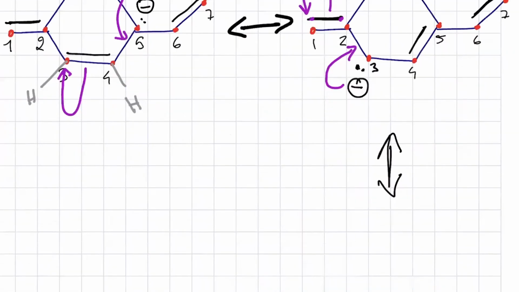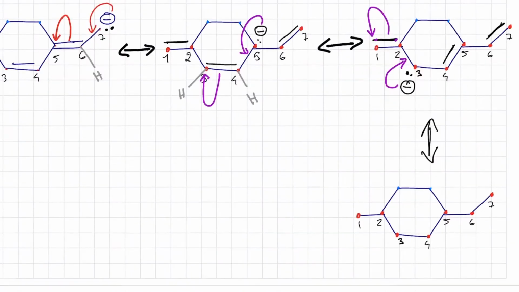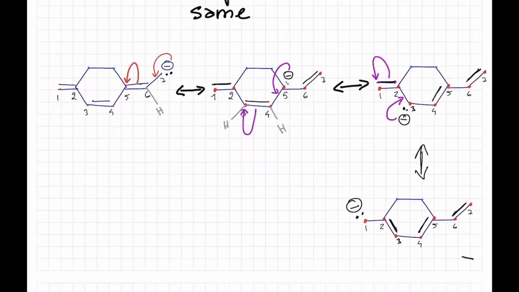So in the new structure, I add my lone pair on carbon 1, making sure it has a negative charge, and I create my new bond between carbon 2 and 3, remembering that I didn't touch 4 and 5, nor 6 and 7. And that's it for this structure, guys.